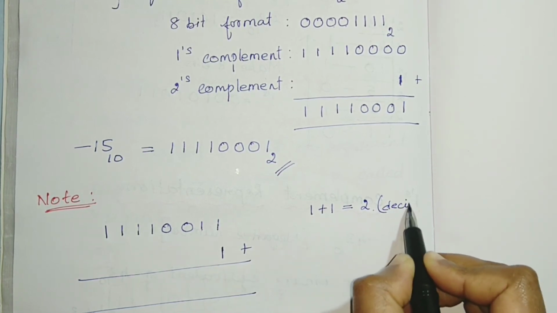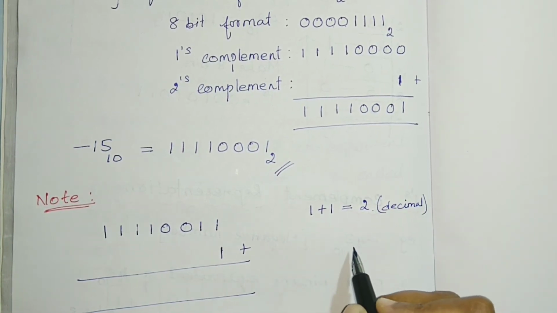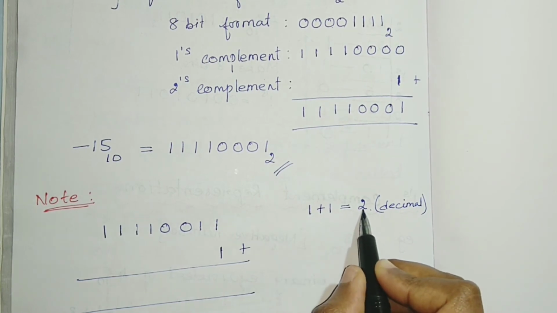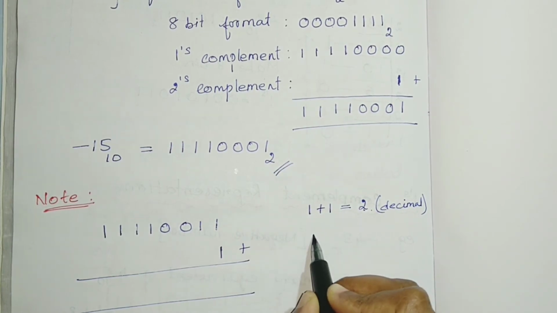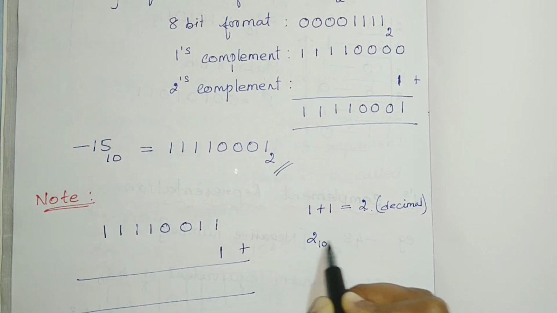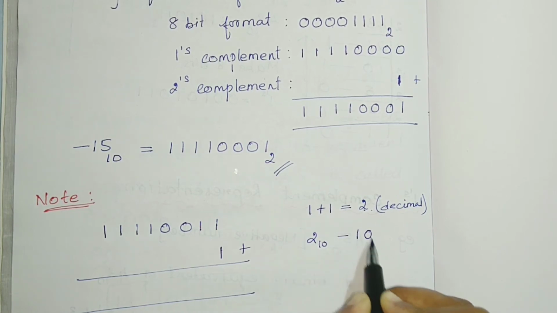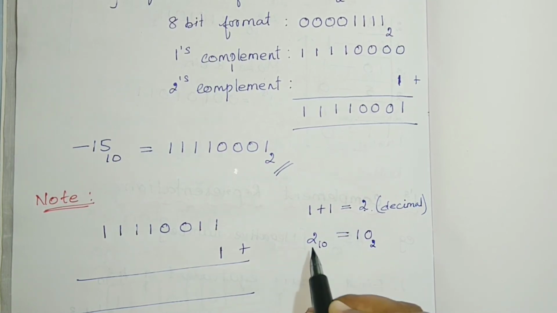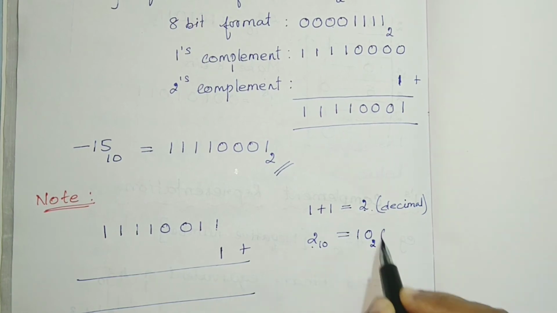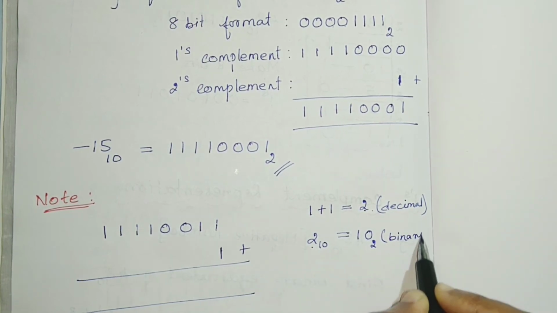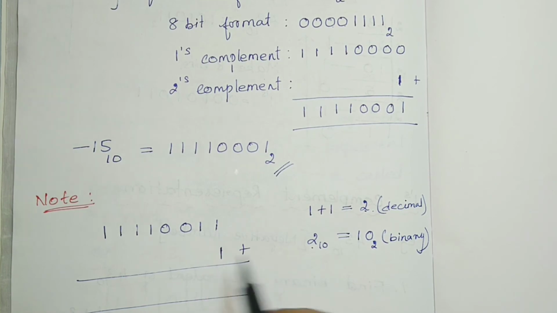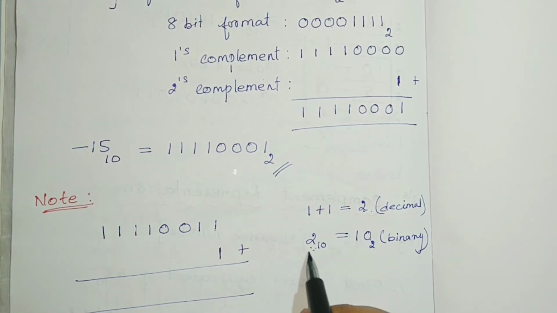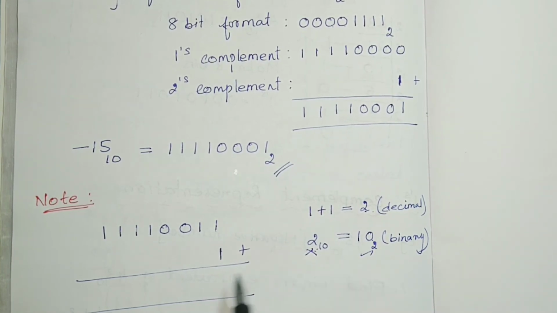So we have to find the binary equivalent of this 2. The binary equivalent of 2 is 1 0. Whenever you add two binary numbers, we have to bring binary numbers only, not the decimal equivalent. So 1 plus 1 is 1 0.